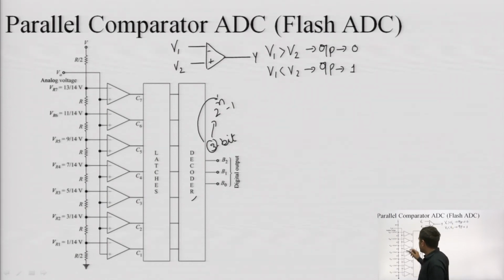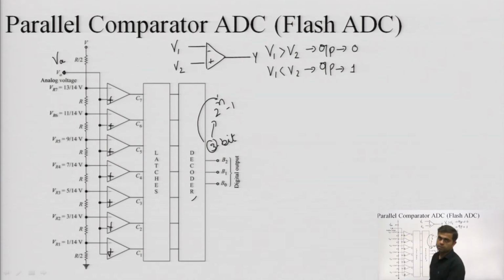All the positive terminals are connected to a common point, termed VA, where the analog voltage is applied. Between the negative terminals there are resistors R, R, R, R, R, R, and the first and the last resistance are R/2.